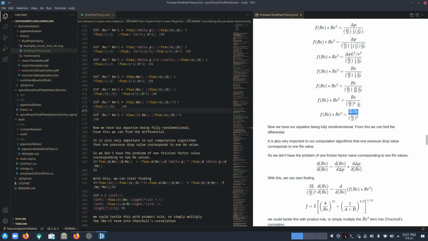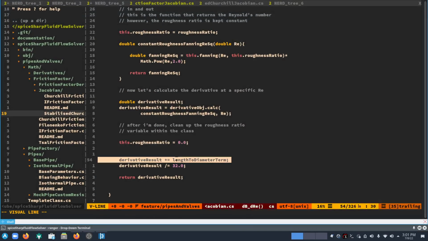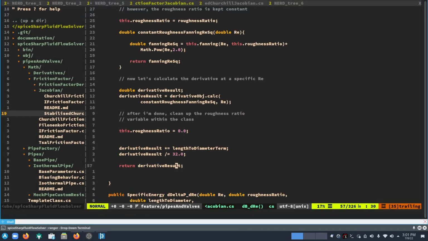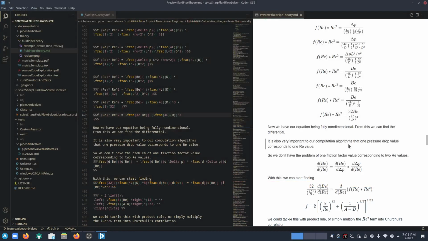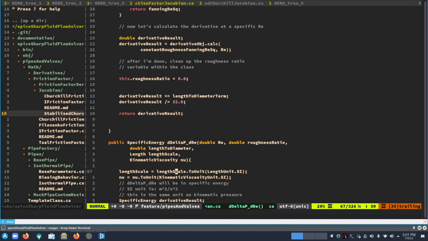You see this 32 right here. Once I'm done with this multiply and divide part, I return the derivative result, and then I get this dBedRE.